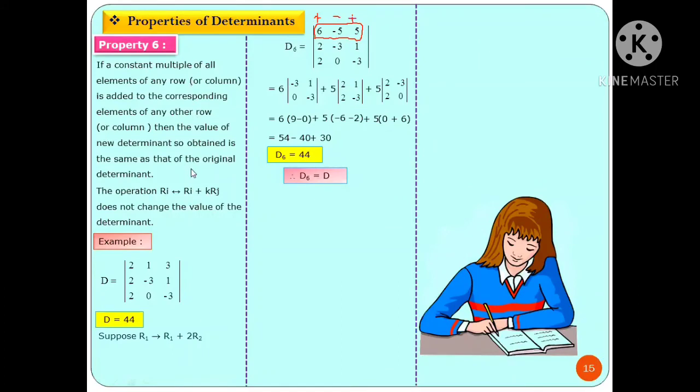If any row or column is changed by adding a multiple of another row, the value of the determinant remains the same. There is no change in the determinant value.